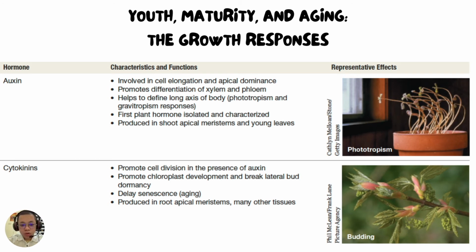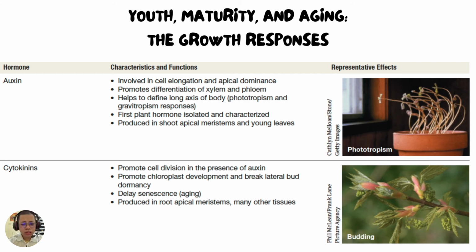It was the first plant hormone isolated and characterized, produced in shoot apical meristems and young leaves. We discussed earlier that auxin is responsible for the gravitropic response.